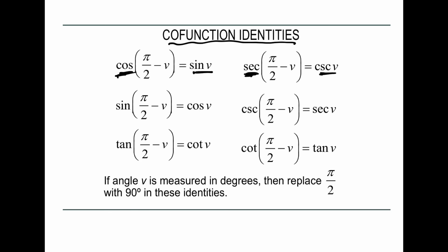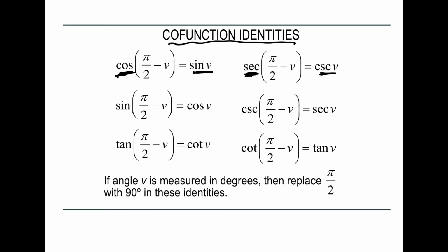So for example, if these were in degrees, it'd be a little bit easier, but remember pi over 2 is 90. So whatever my thing is, let's say this is 30, or it would be pi over 6. Pi over 2 minus pi over 6, or 90 minus 30, gives me the cosine of 60. And the cosine of 60 is the same thing I get as the sine of 30.